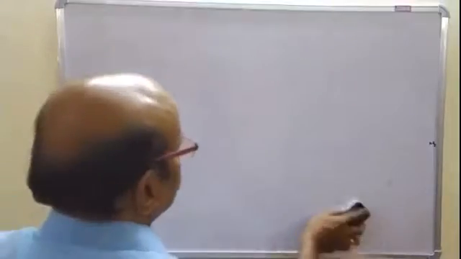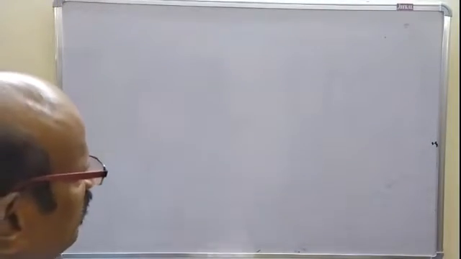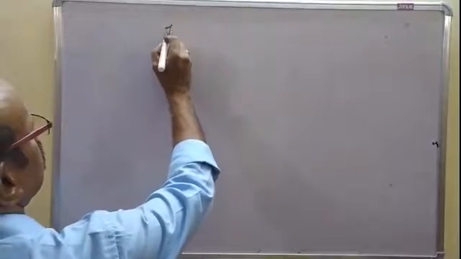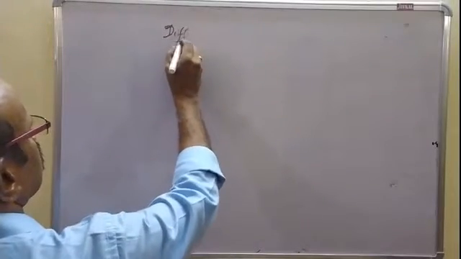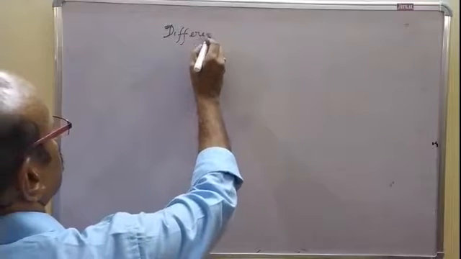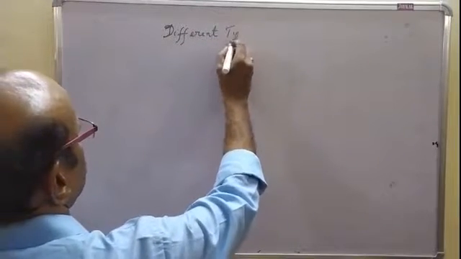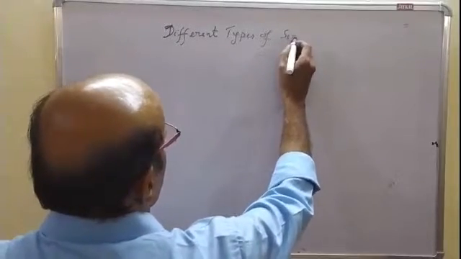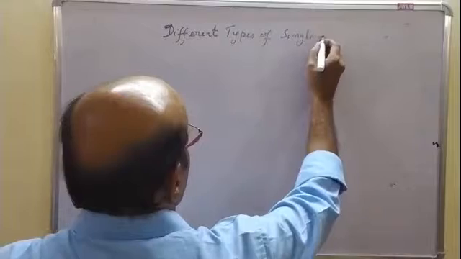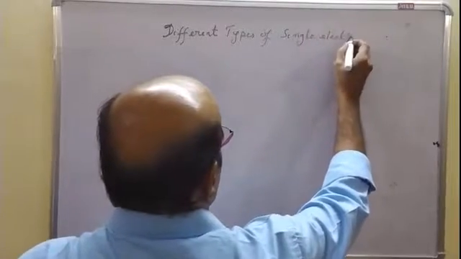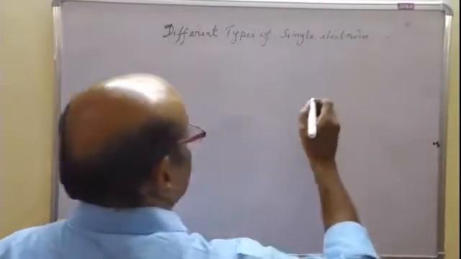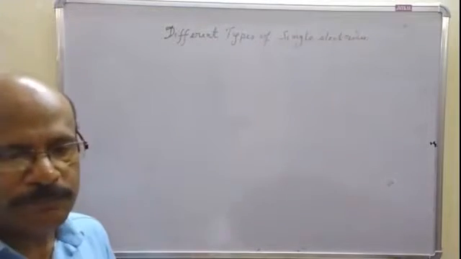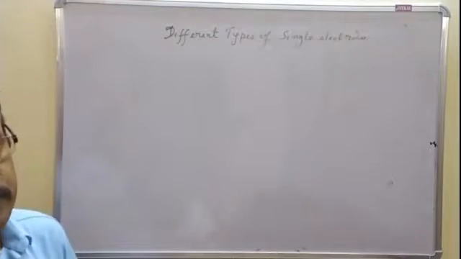Okay. So different types of single electrode. Last class I mentioned that there are mainly 4 different types of single electrode.